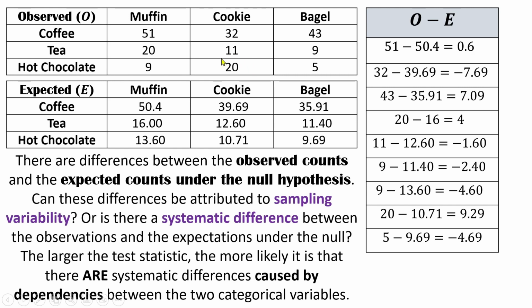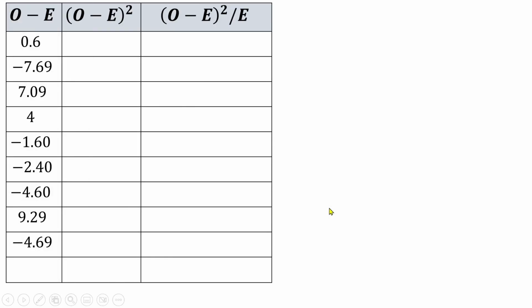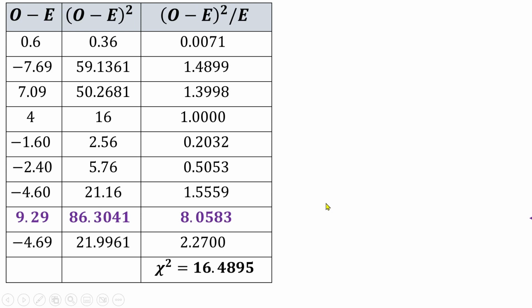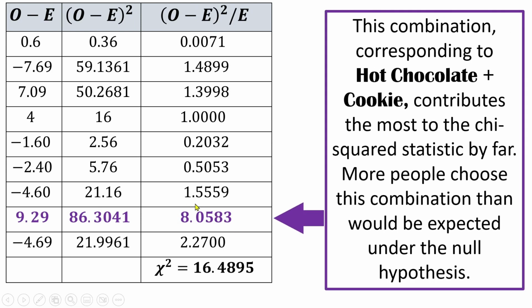So this is suggesting that there is a dependency between these two choices. If someone orders hot chocolate, they're more likely to order a cookie to go with it compared to, say, when they order coffee or tea. And so a dependency is suggested by this very large contribution to the chi-squared statistic.